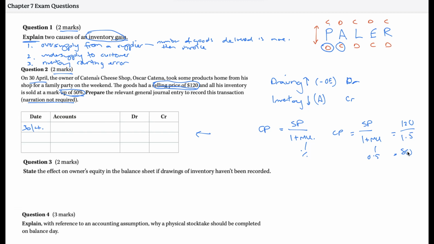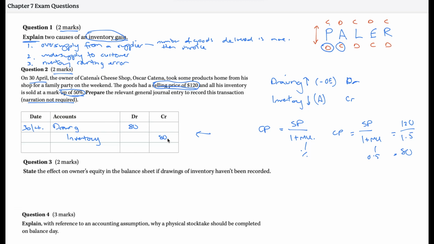We know our cost price should be less. We know that it hasn't been a giant markup, so the numbers will be relatively close. And hence we can put in all the details. This was a drawing of $80, and it occurred with our inventory going down being our credit. And hopefully you can write a little bit neater than me. It's a little bit messy, isn't it?